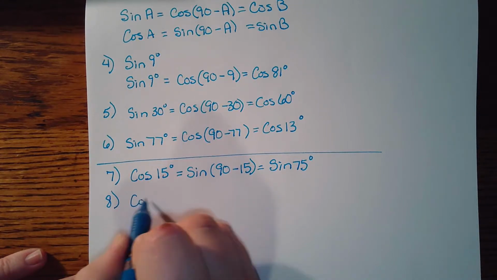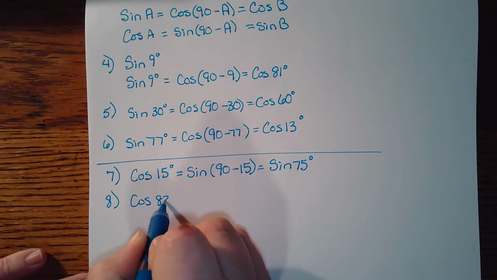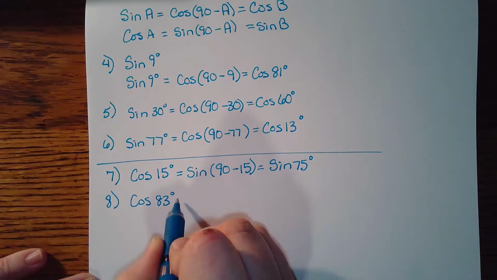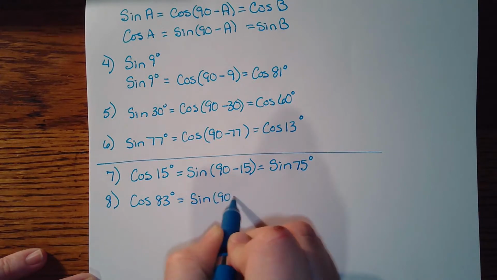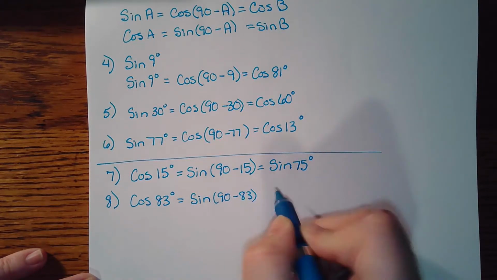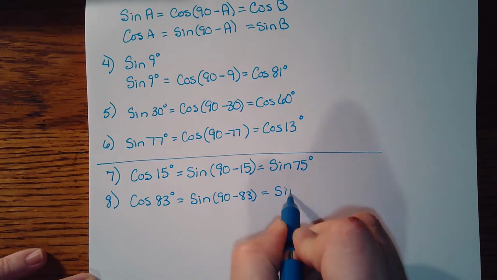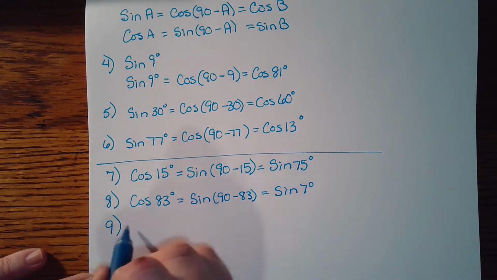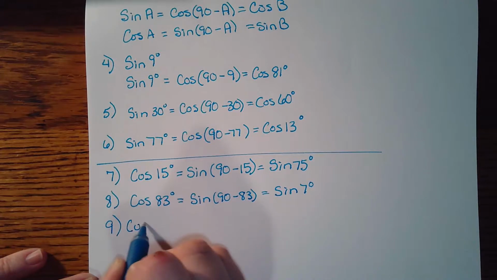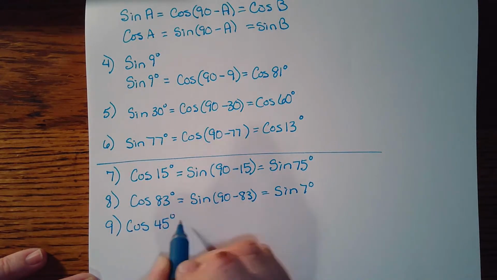Cosine 83 degrees equals sine of 90 minus 83, which is going to give me sine 7 degrees. Now I'll do number 9, and I will give that to you. This is cosine 45 degrees. We're going to change it into sine.